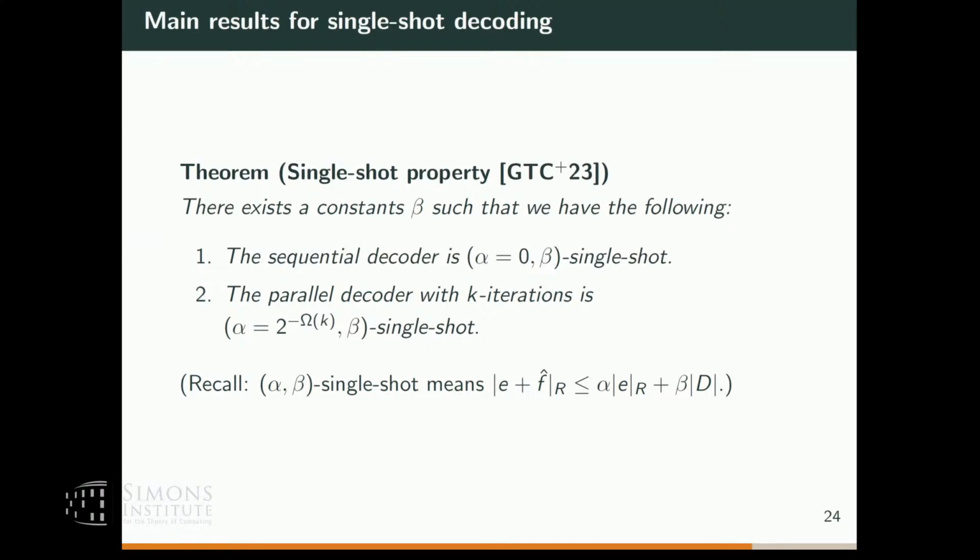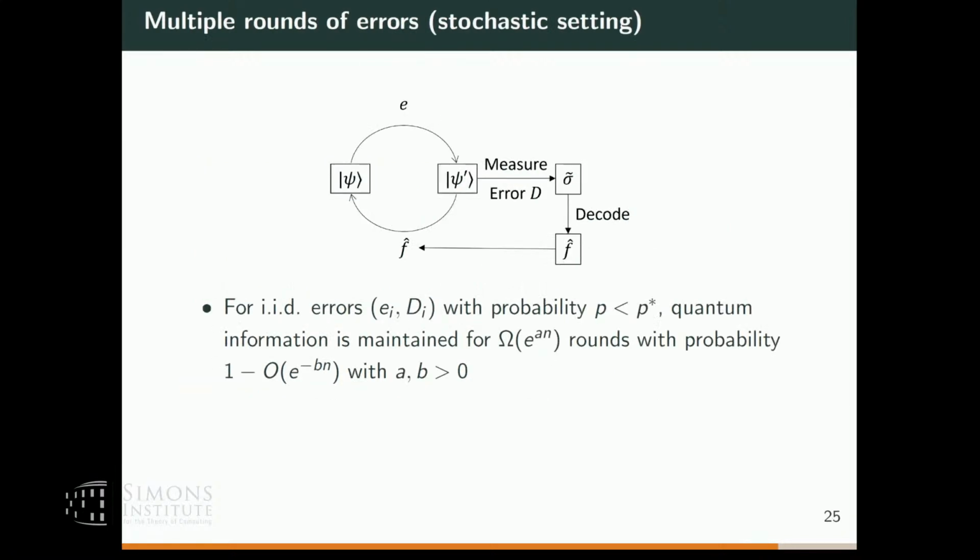But I can again say some things about what happens in the stochastic setting. So in the stochastic setting, let's again consider some IID model of errors. So both the data and the syndrome errors could be corrupted. We start with some code state. The error corrupts it, and then we decode it, and it takes you back to some other state that could be close to code space.